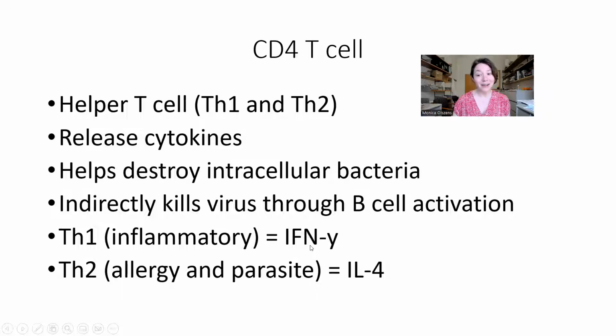The type of cytokine, if you recall back to the cytokine lecture, that they make is interferon gamma, and that's for like viral infections and bacterial infections, and they help those macrophages do the intracellular processes that kill bacteria, like hydrogen peroxide and reactive oxygen species and all that. They help them do it better.